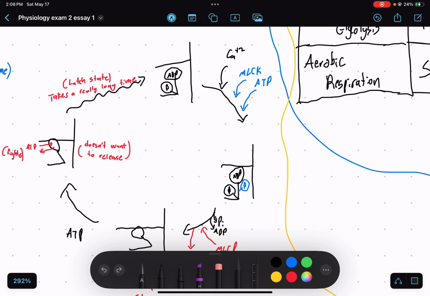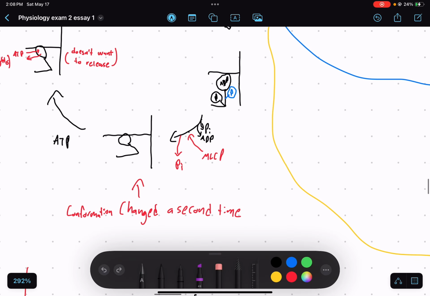The MLCK and ATP are going to come in and add that phosphate on the myosin. Then after the phosphate and ADP come off, the MLCP is going to come in and remove that phosphate, so that the conformation changes a second time.